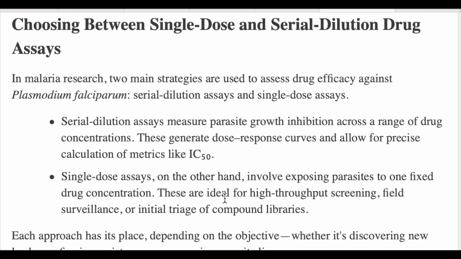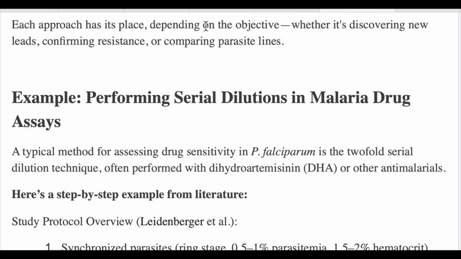These are ideal for high-throughput screening, field surveillance, or initial triage of compound libraries. Each approach has its place depending on the objective, whether it's discovering new leads, confirming resistance, or comparing parasite lines.